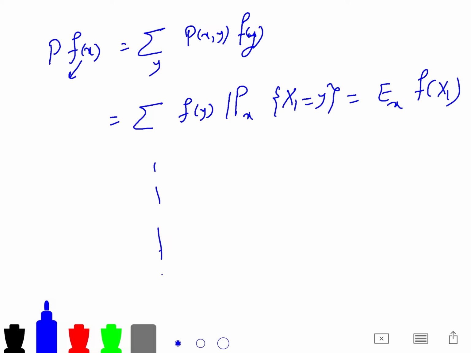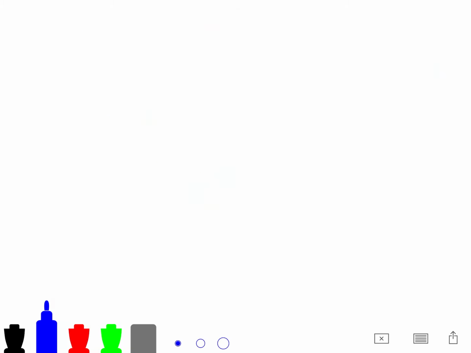So we are at time t, and we go to time t plus 1, and X_1 could be 3, X_1 could be 2, X_1 could be 1. It goes to different states.